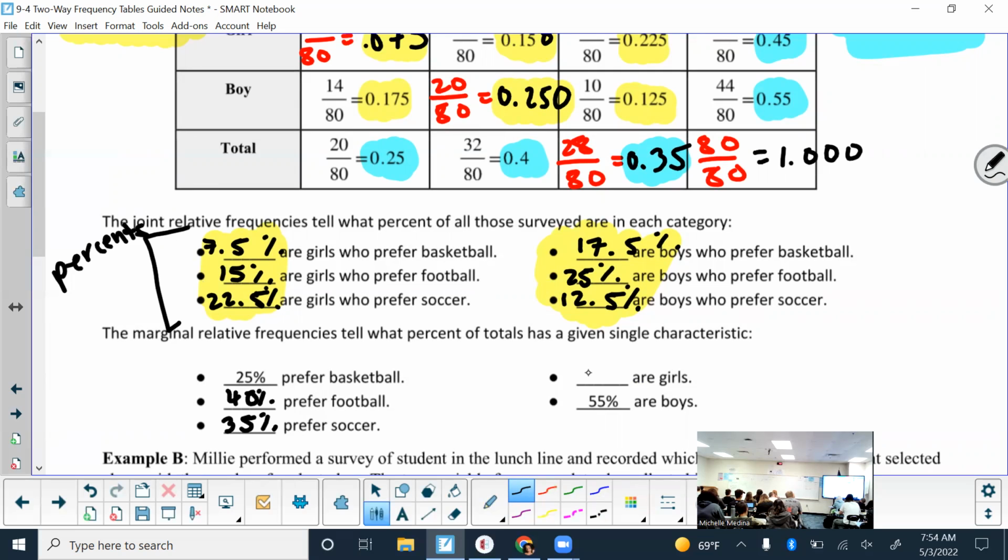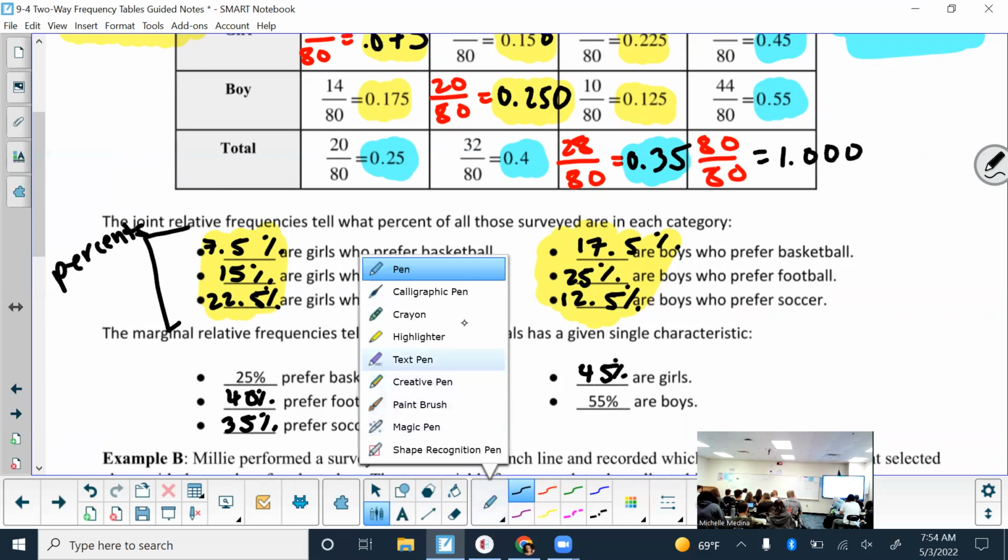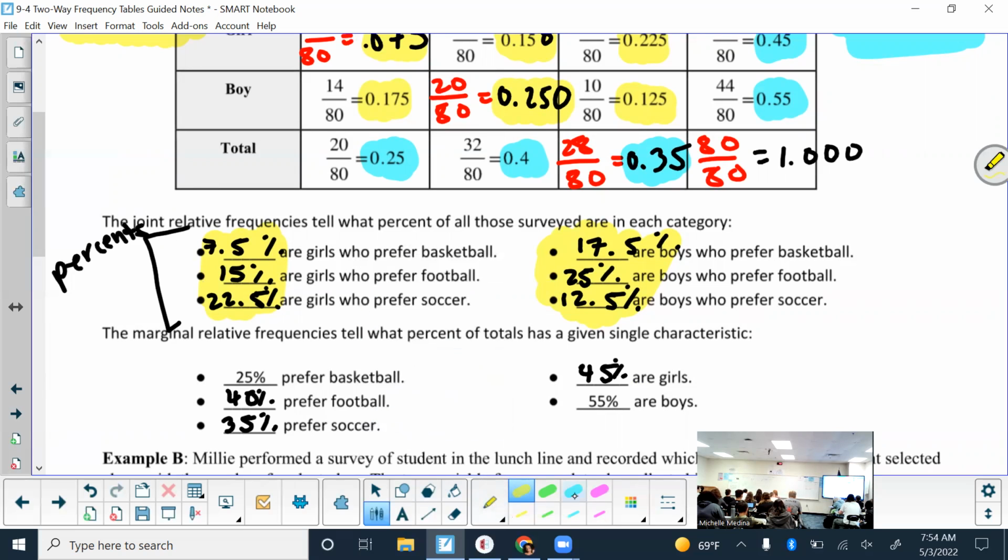And what percent of people surveyed were girls? 45%. And what type of frequencies are these? Marginal. And I just realized it does say right here, but at least you know, these are just the one category at a time.